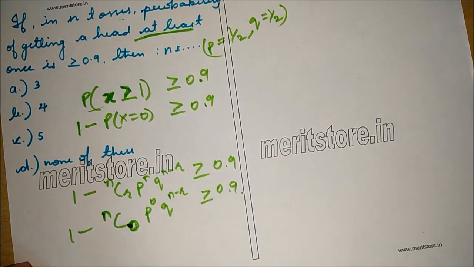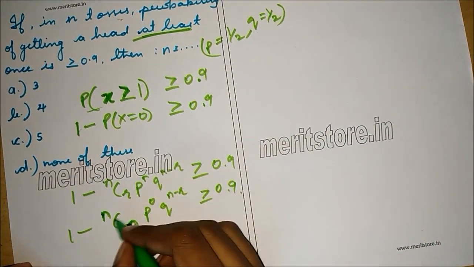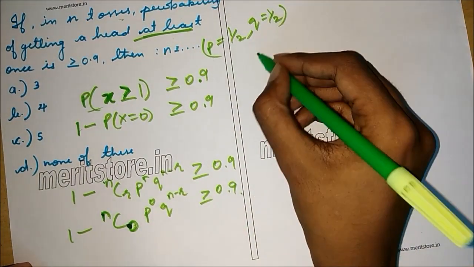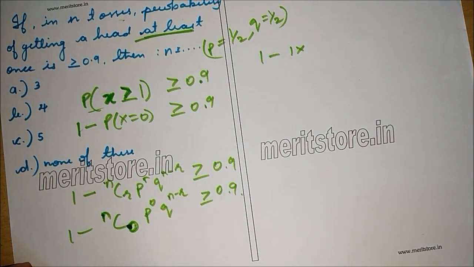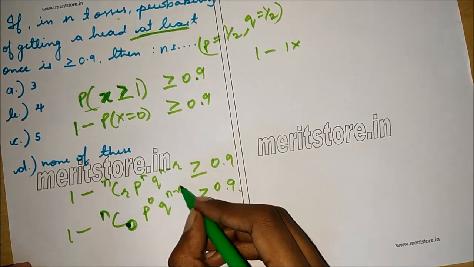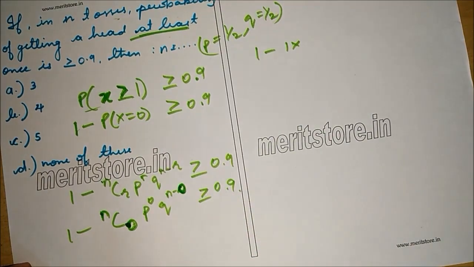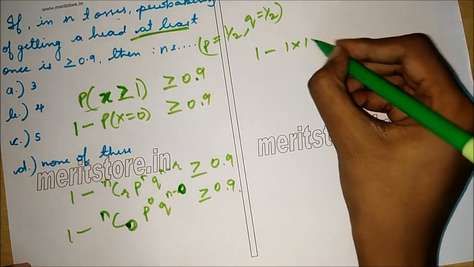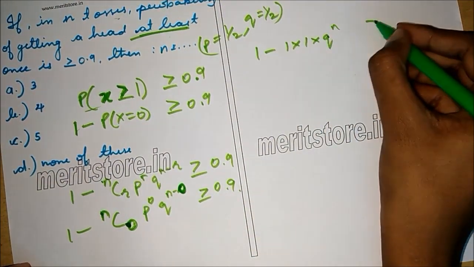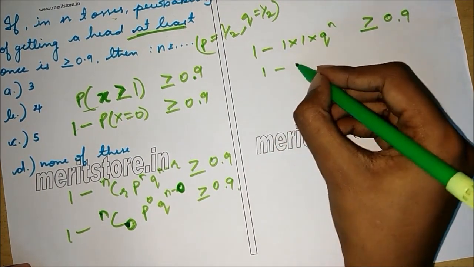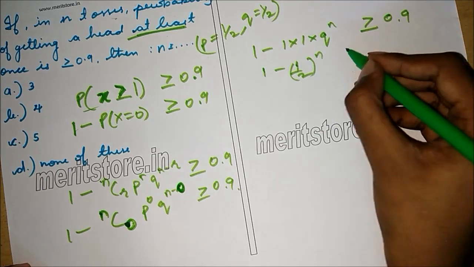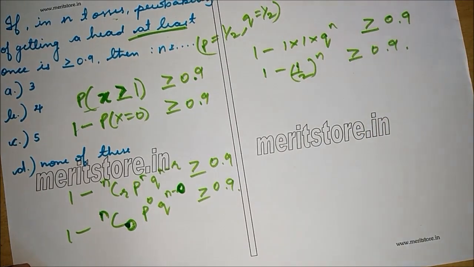So nC0 is 1, since any combination with 0 is 1. So 1 minus 1 into p raised to 0, which is 1, and this is also n minus 0. So this will be 1 into 1 into q raised to n is greater than or equal to 0.9. q is half, so this will be 1 minus half raised to n is greater than or equal to 0.9.